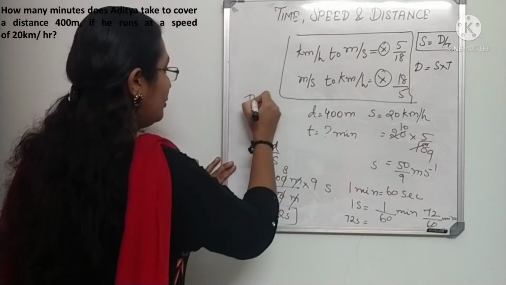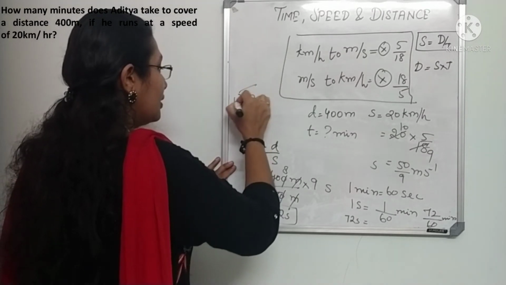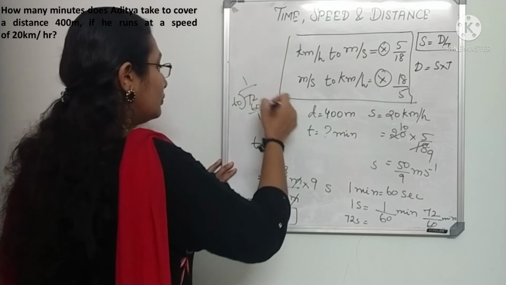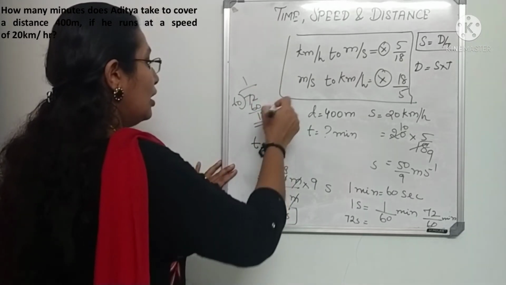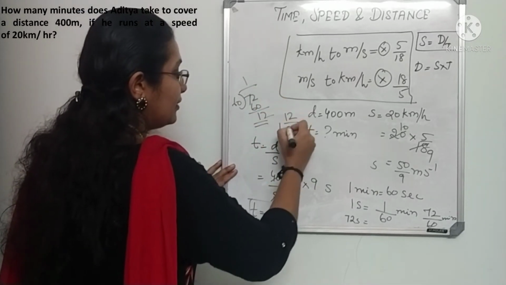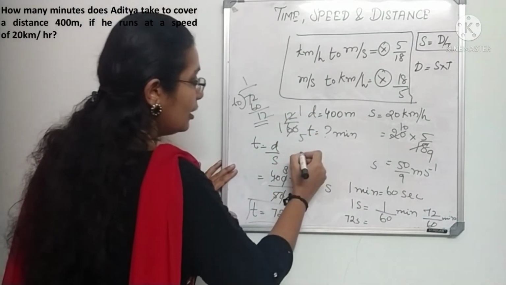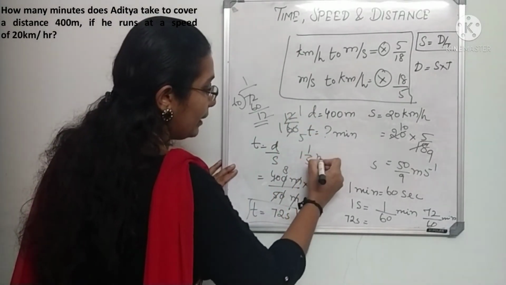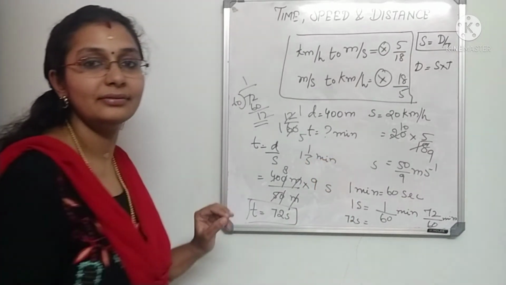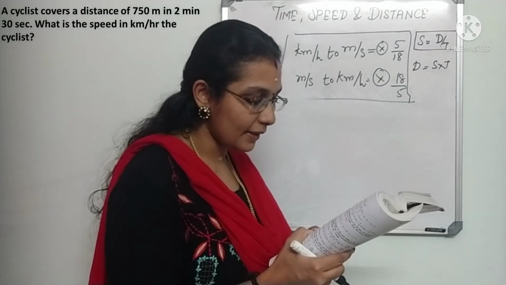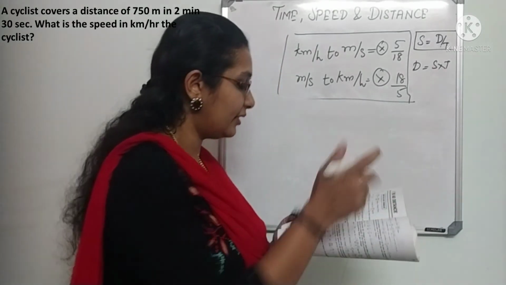So 72, when you divide it by 60, 6 1s are 60, remaining 12. So 12 by 60. Or else if you cancel like this, 1 by 5. So 1 by 5 minutes. Clear? Yes.